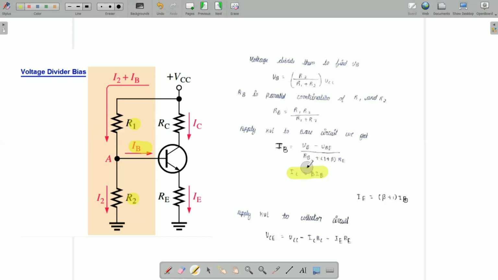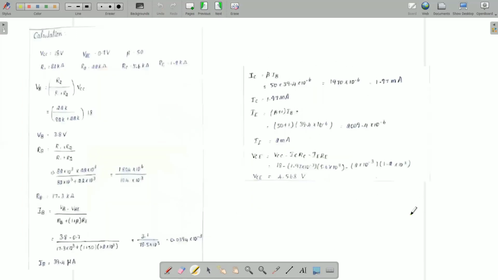Then RB is the parallel combination of R1 and R2, that is RB equal to R1R2 divided by R1 plus R2. To find VCE, we can apply KVL to the collector emitter circuit. Here we need IE, and the formula is IE equal to (beta plus 1) into IB.